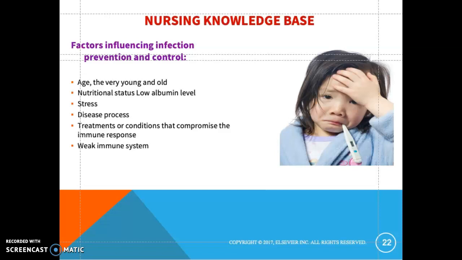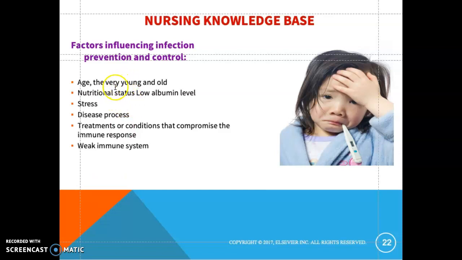So, factors influencing infection prevention and control. We know that patients that are very young and also very old, elderly patients that have a compromised immune system, are at increased risk for infections.